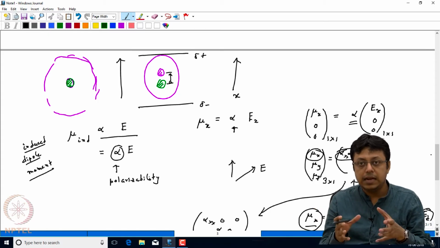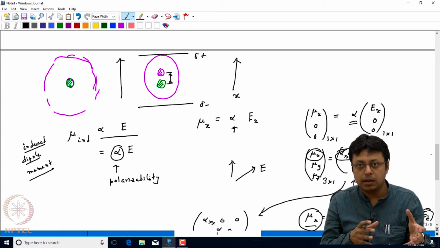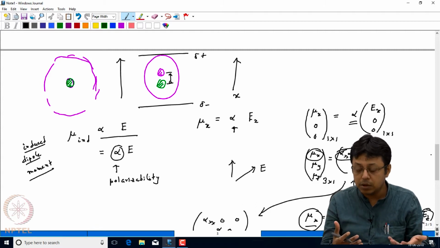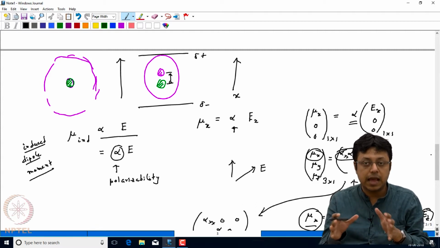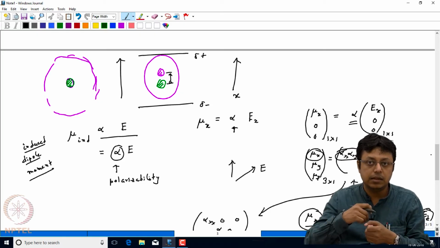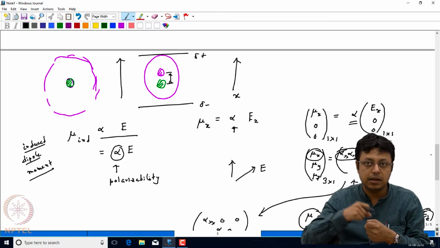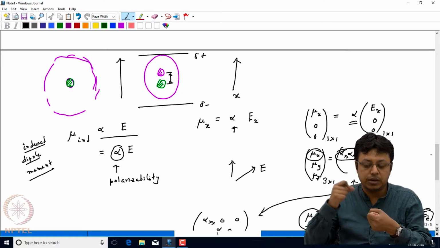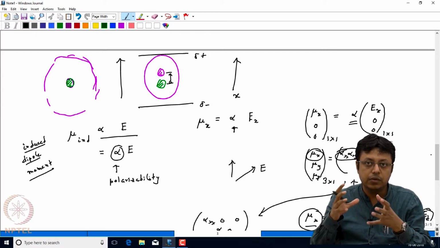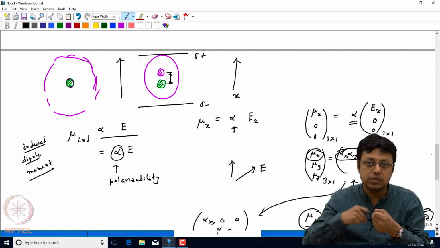But when light is shed on atoms and molecules, the physics that happens is very much the same: the electrons are sloshed around the nuclei from their equilibrium position, and then we create a dipole, but this dipole also oscillates because the electric field of light also oscillates.